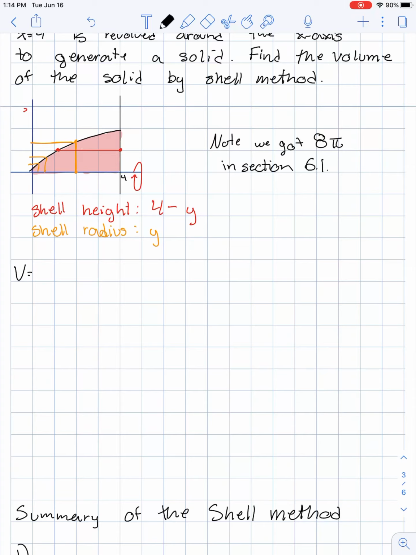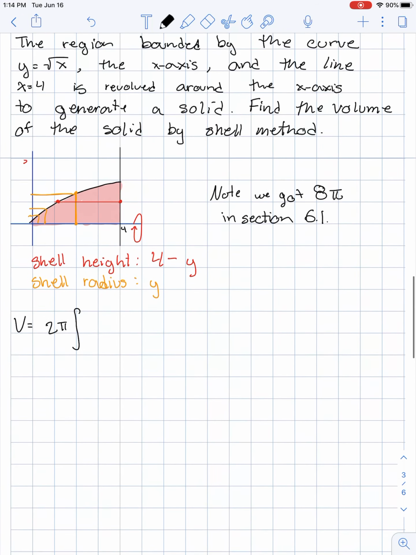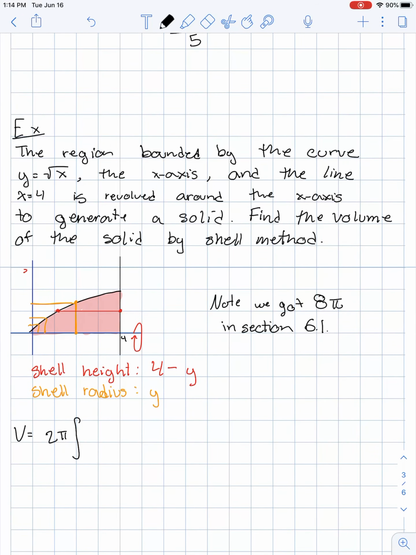So we put it together, and we get 2 pi times the integral. We went from 0 to 4 in the x's, so now we're going from 0 to, I have a little picture now, 2. We can solve that by seeing where x equals 4 and the square root of x intersect, which is at the point (4, 2).